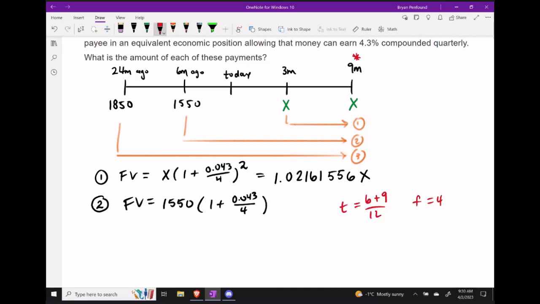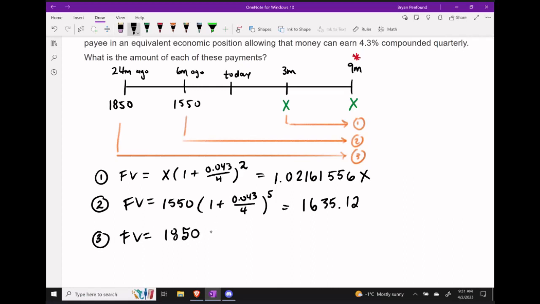So it has to go through 15 months altogether. If we multiply 15/12 times 4, we should get that n is equal to 5, or it's gone through 5 compounds to get to our focal point. And simplifying this expression, we should get $1,635.12.